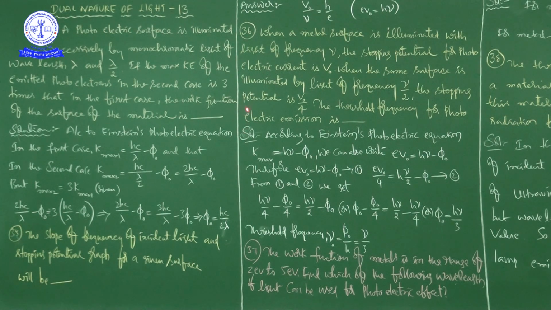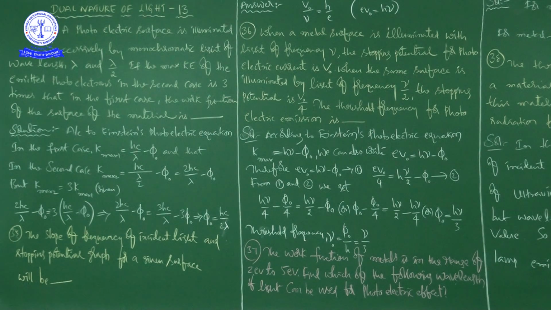So V naught by e is equal to h by e, right. And the terms, many times I repeated, V naught is the stopping potential, h is the Planck's constant, e is the charge of electron and nu is the frequency, okay, right.